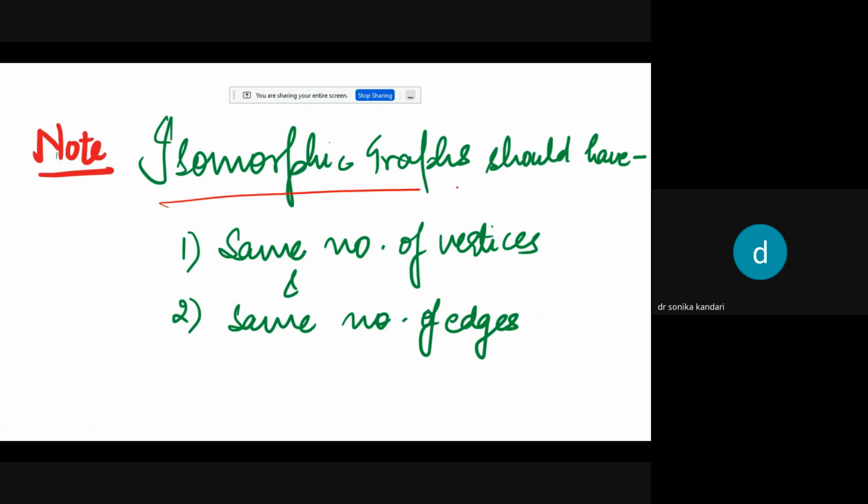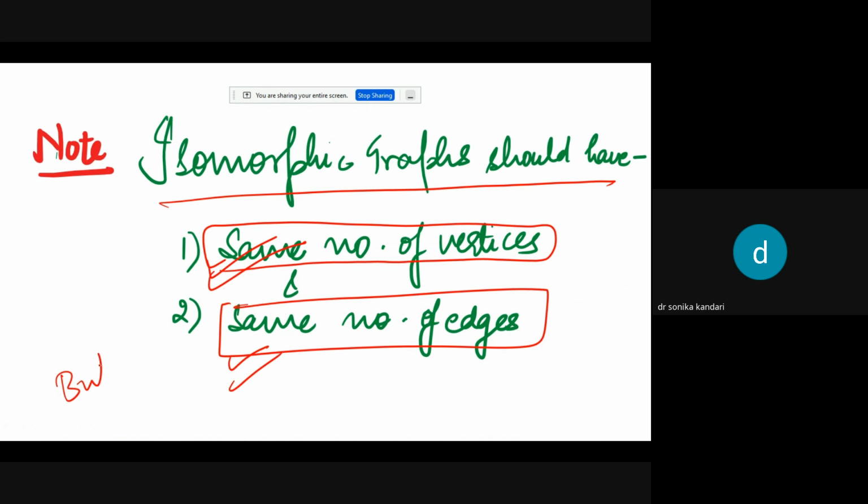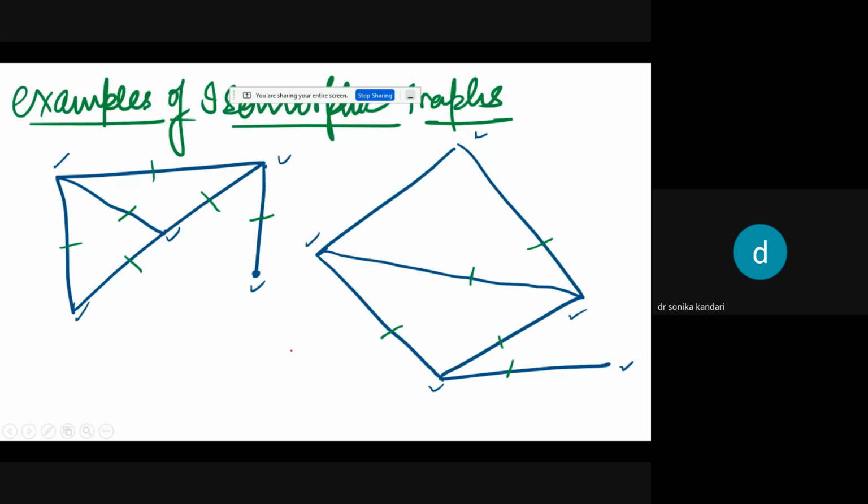In general, isomorphic graphs are those that have the same number of vertices and the same number of edges, but they have different representations.